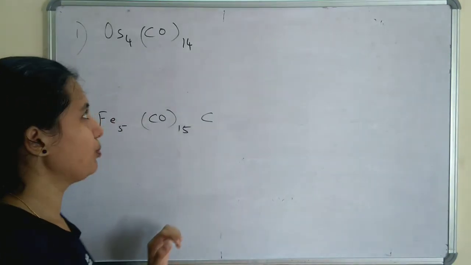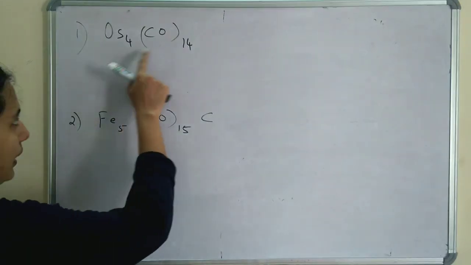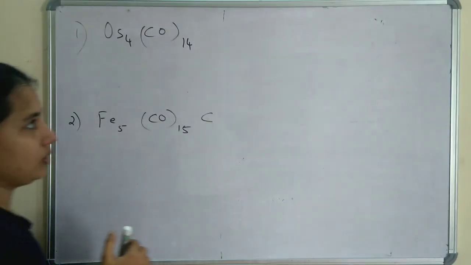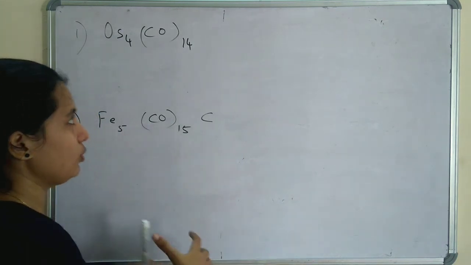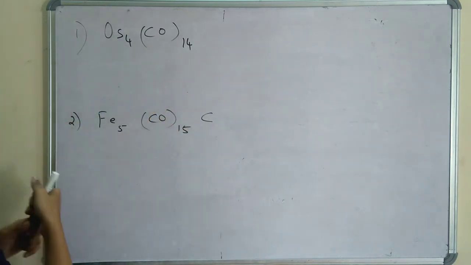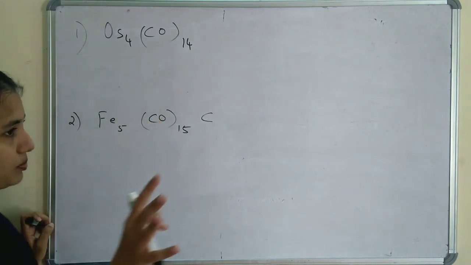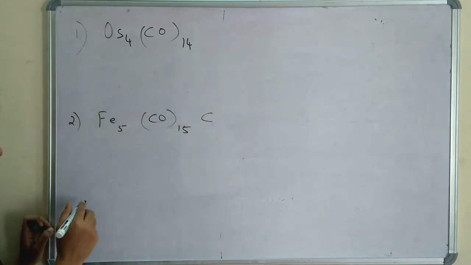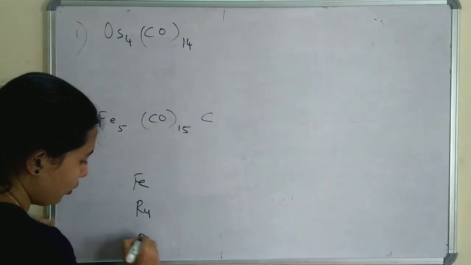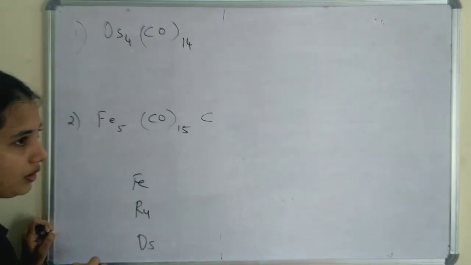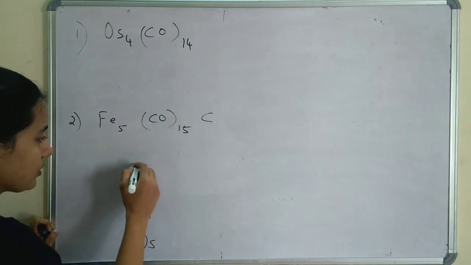So let's solve two problems: Os4(CO)14 and Fe5C(CO)15. So how to find the geometry? First count the total valence electrons in this complex. For osmium, it comes under the iron family. Iron is 26, 6 plus 2, 8 electrons.